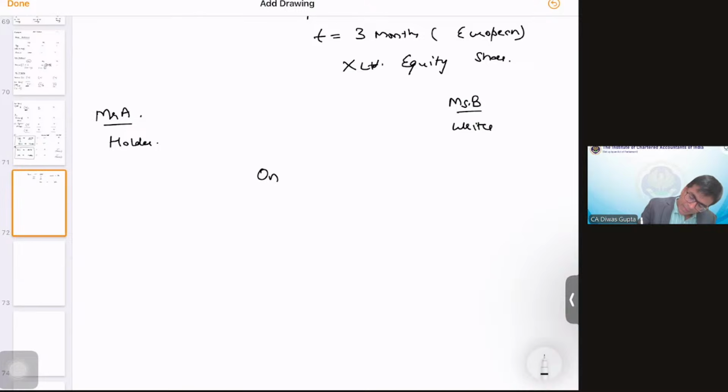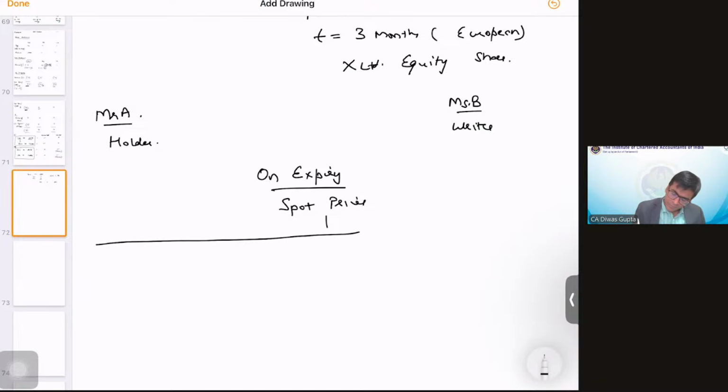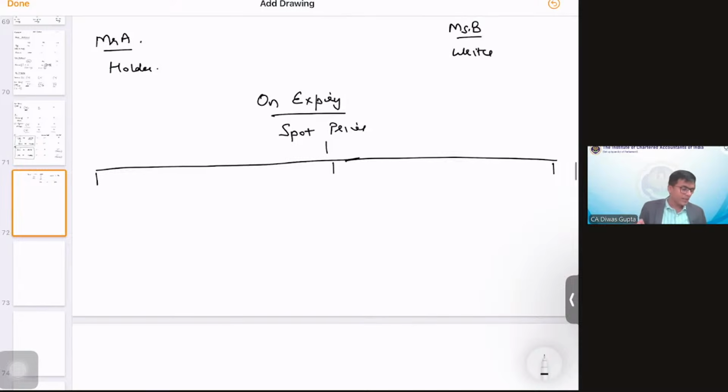Now on expiry, let's take different scenarios, students. The spot prices can be different. Let's try to put all of them. Let's take 95, 110, and then 125. So one is lower, one at the similar level, and one at a higher level.